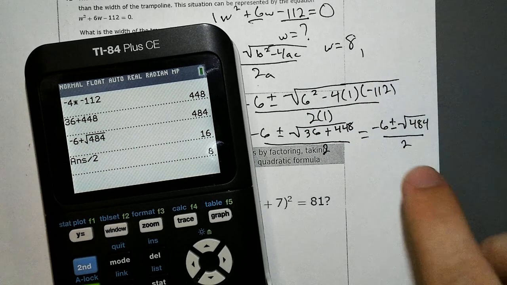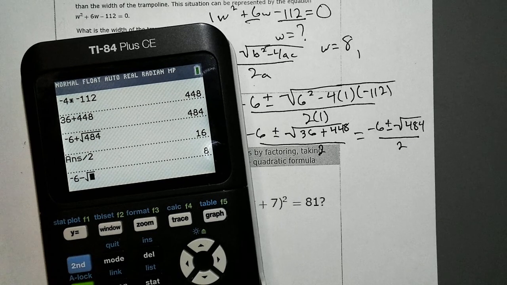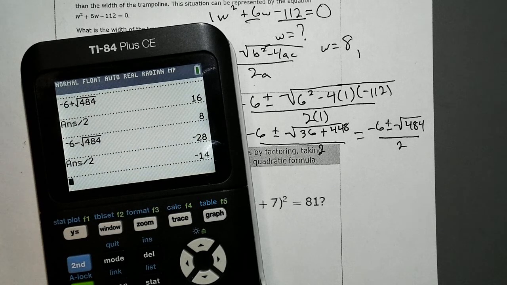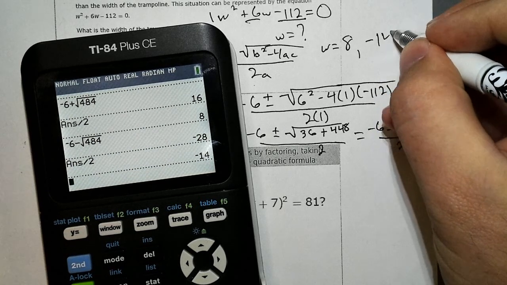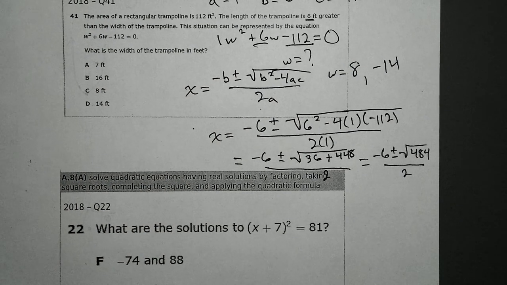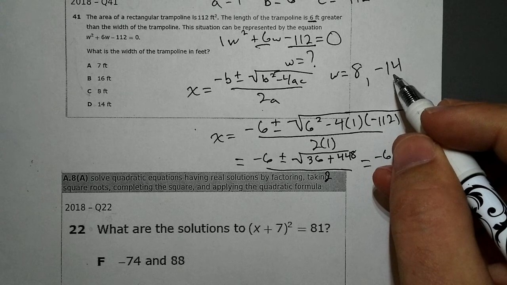There should be a second value when we type it in with the minus. So negative 6 minus the square root of 484 divided by 2 gives me negative 14. So those are my solutions.